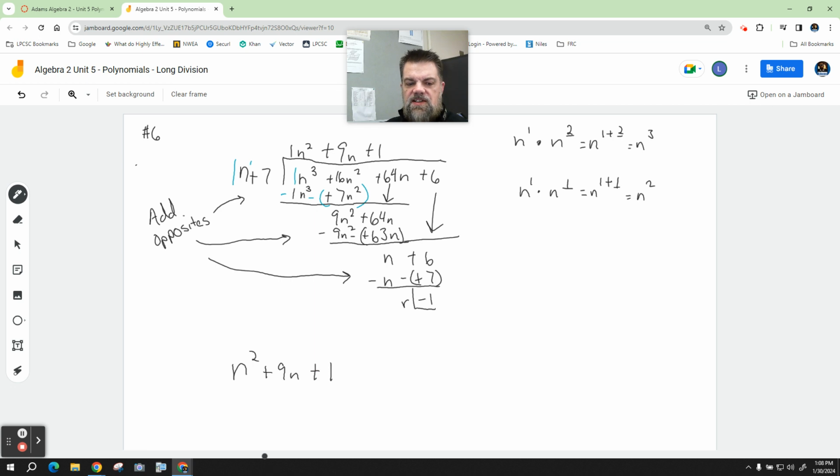Now because this is negative 1, I'm going to toss that negative to the front, and I'm going to put 1 over n plus 7. Right? So just to kind of recap, the remainder negative 1, this is the 1, this is the negative, all over the divisor, which is n plus 7. Okay, that's the answer.